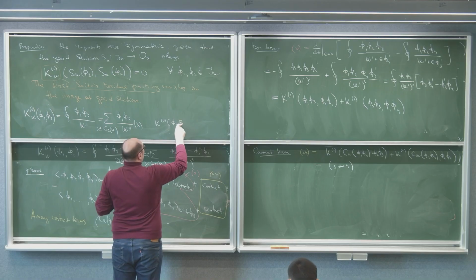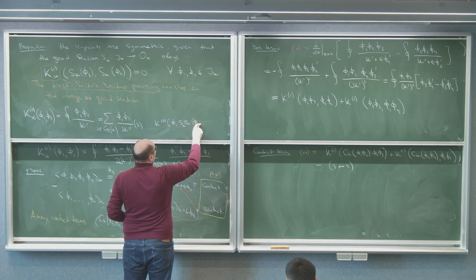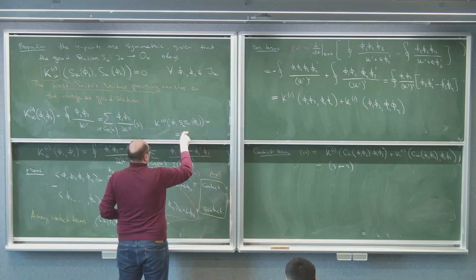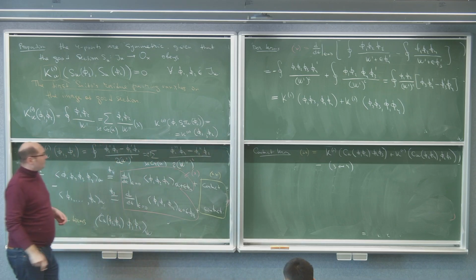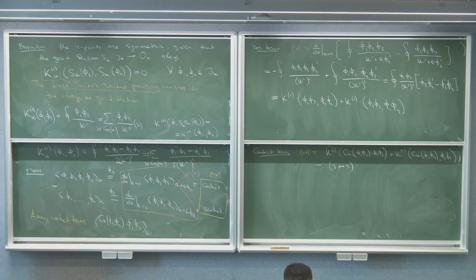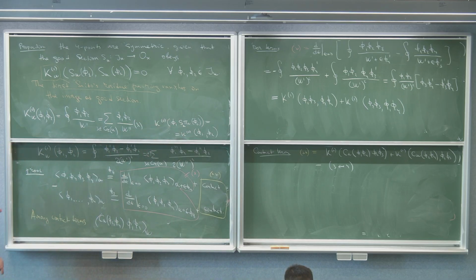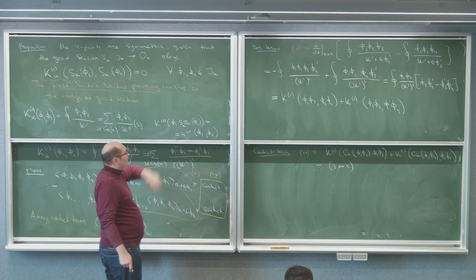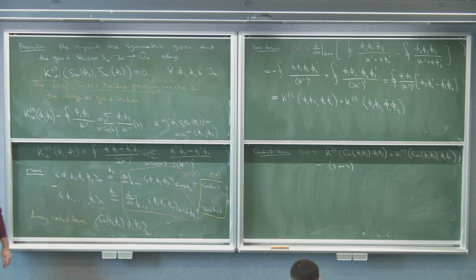So if I apply projection and good section to phi2, that wouldn't change the answer. It will still be K naught of phi1, phi2, and I can do similarly with the first argument. I still need to apply projection and section, because in my definition I need to use some representatives to compute. So instead of the original function phi2, I can use another representative from the same class, from the image of a good section, to get the same answer.